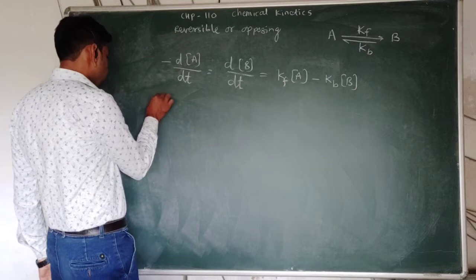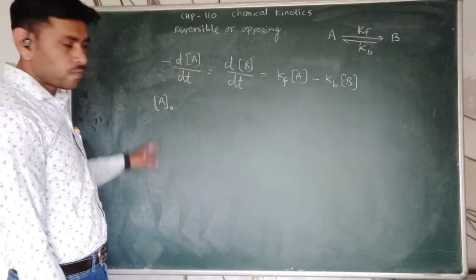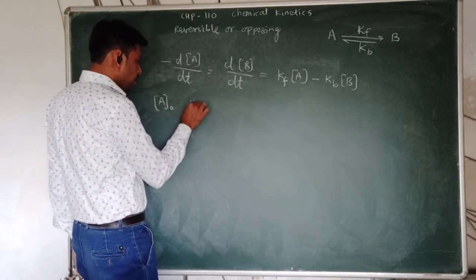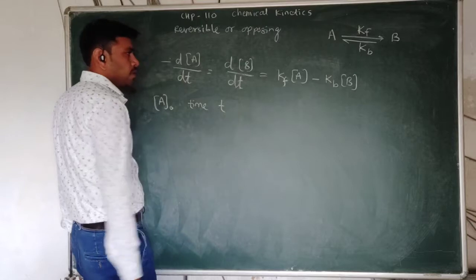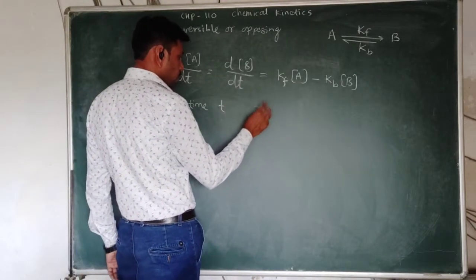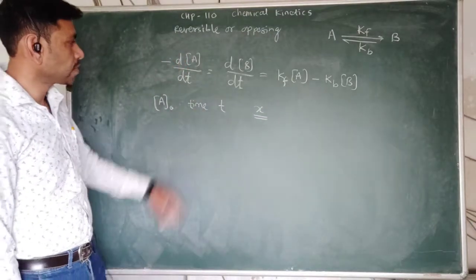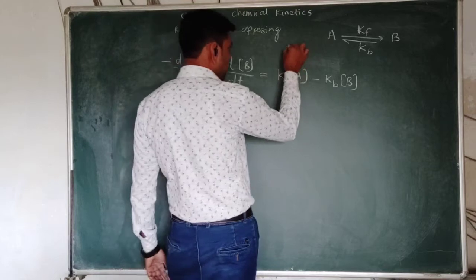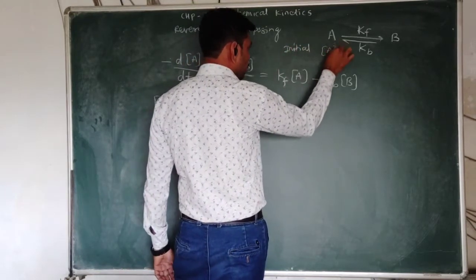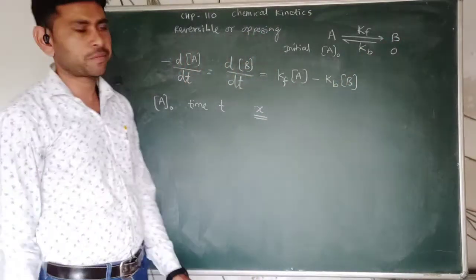Suppose that A0 is the initial concentration of reactant, and after time t the concentration of A reacted is X. At the same time, the initial concentration of A is A0, and the initial concentration of B is 0. Initially there is no product formation.